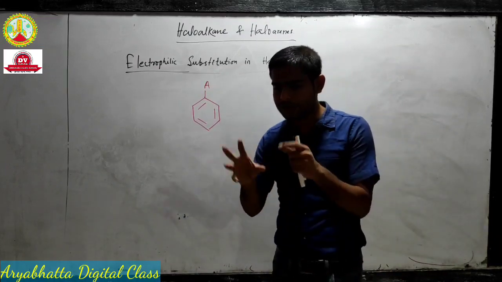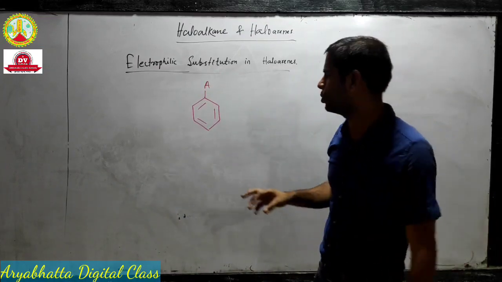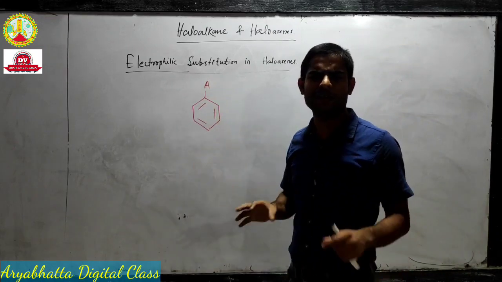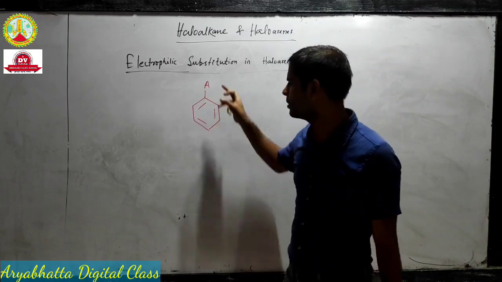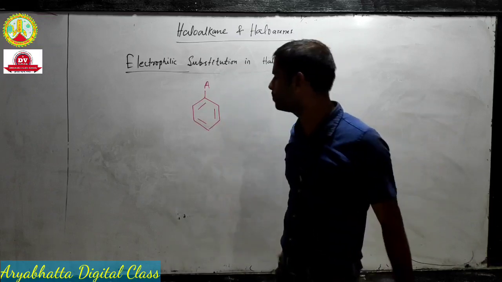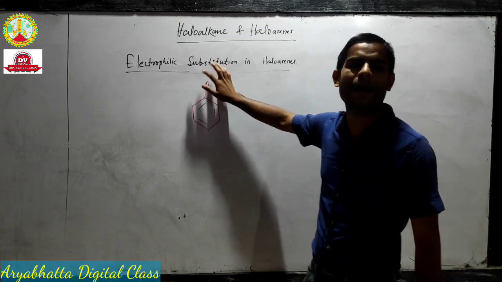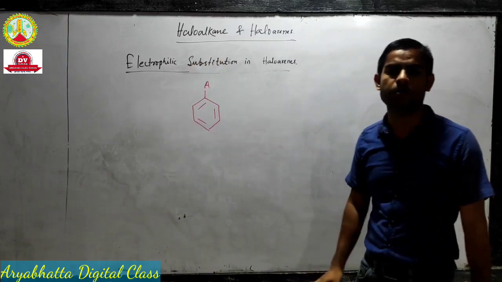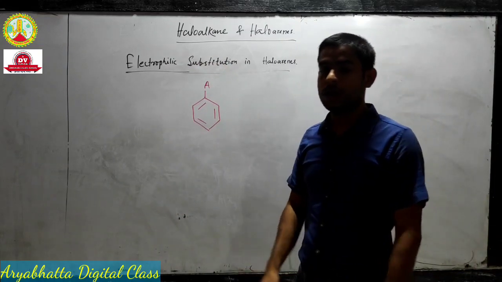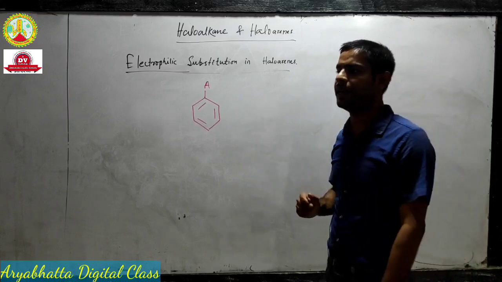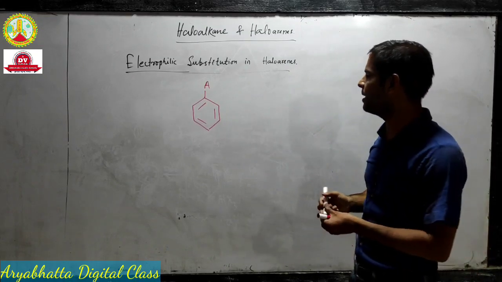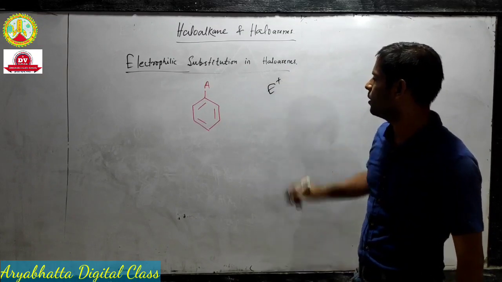We will discuss the nature of this group. This is not any particular compound, this is just an imaginary thing, A. Now, since one position is already occupied by an atom or a molecule, where will the upcoming electrophile go?